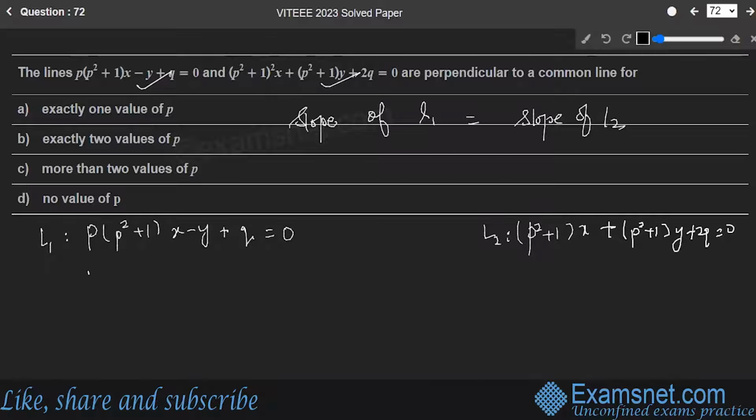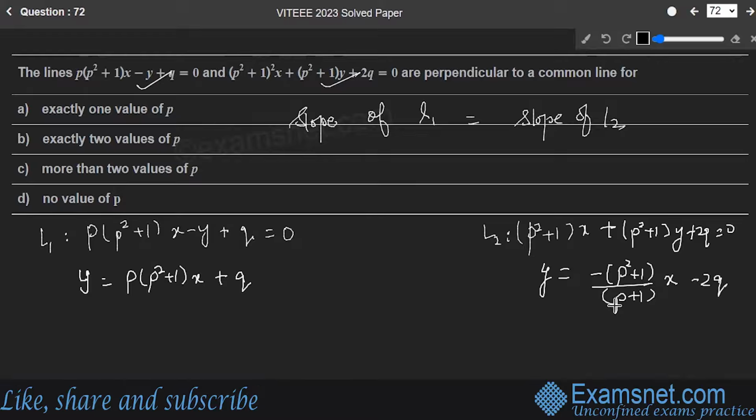Here the slope will be given by y is equal to p into p square plus 1 into x plus q. And here it is given by y is equal to minus p square plus 1 upon p square plus 1 x minus 2q, which is equal to minus x minus 2q.